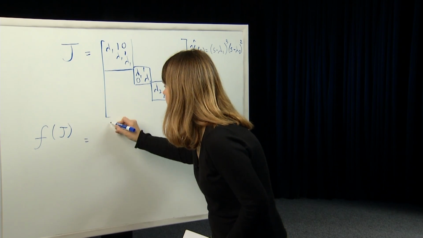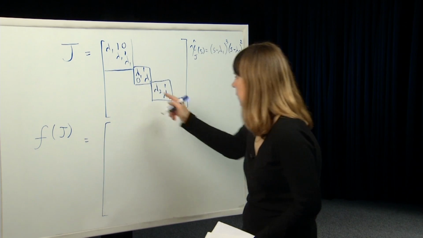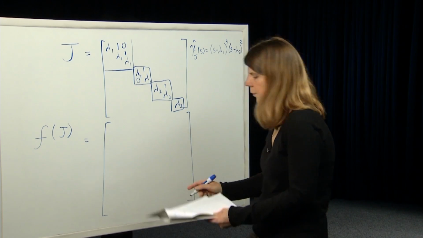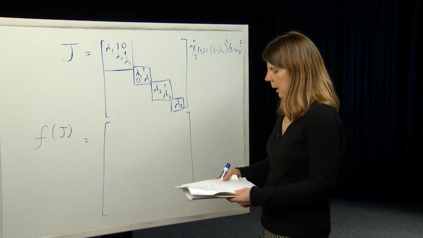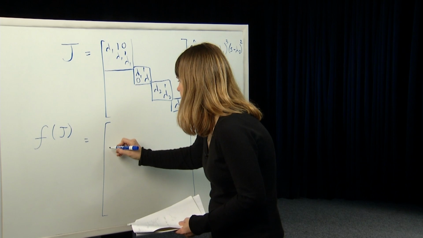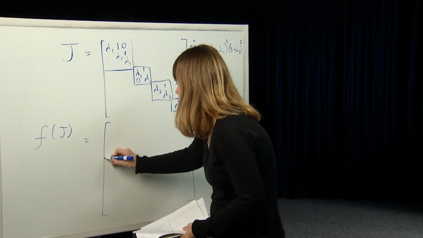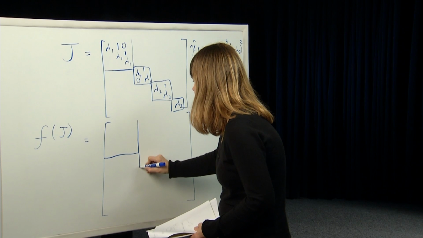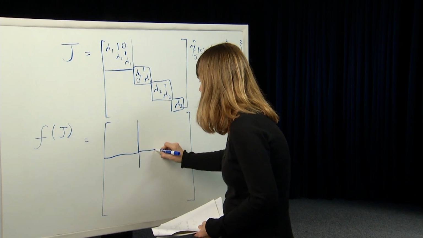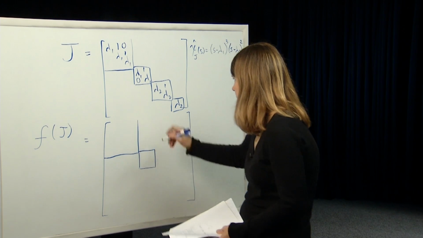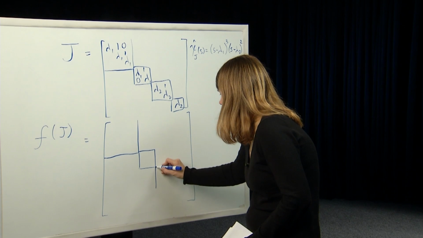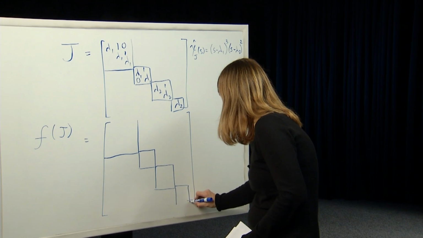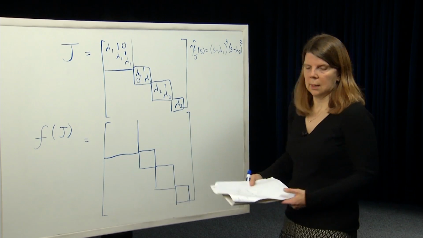In this example, it's an 8 by 8 matrix, so f of J is also an 8 by 8 matrix. It's a block diagonal matrix, with similar blocks associated to the corresponding eigenvalues. There are blocks for lambda 1, and blocks for lambda 2, and here's the one block associated to that eigenvalue at lambda 2.